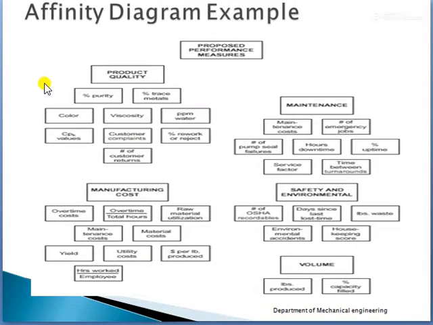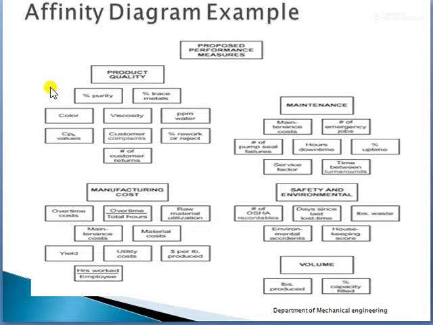Here we have another example. The following example comes from a hospital setting seeking to better understand the barriers to on-time delivery of medication. The team created an affinity diagram in 6 steps.